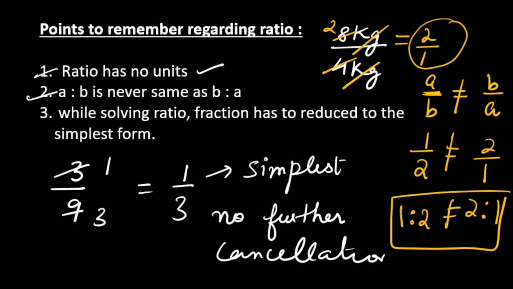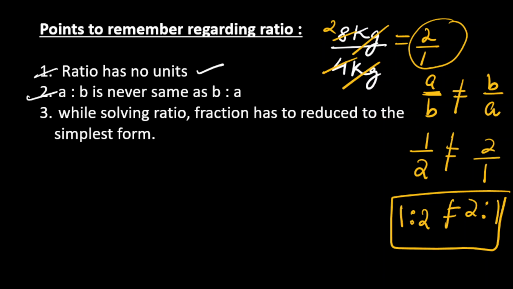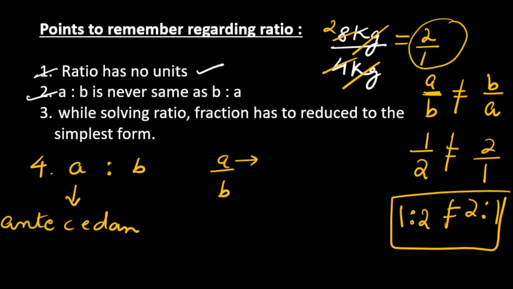So one more, the fourth point, you have to remember here. When I have the ratio A is to B, it can be written as A by B. Here the first one, the numerator, is known as the antecedent.